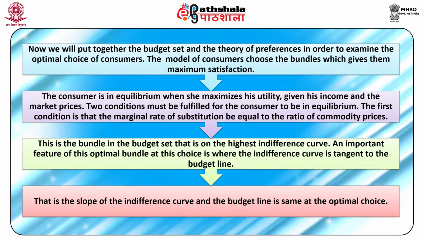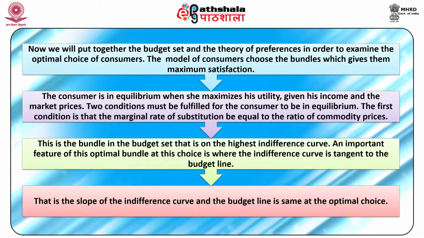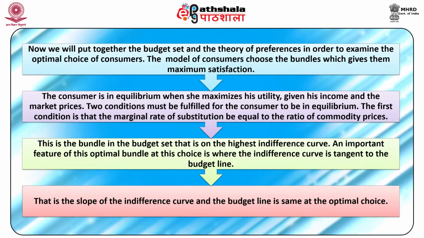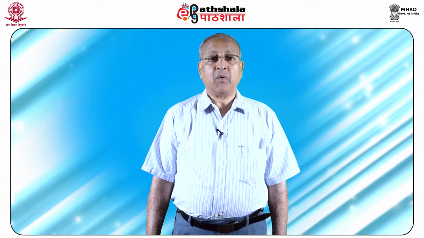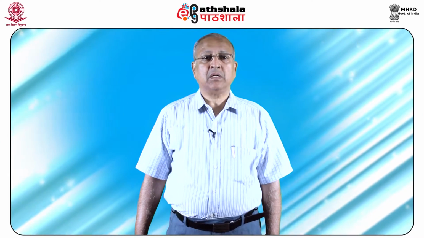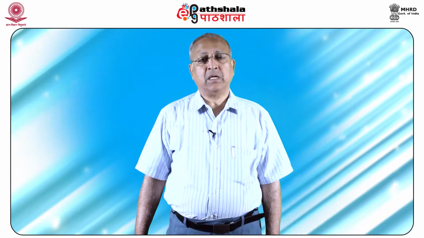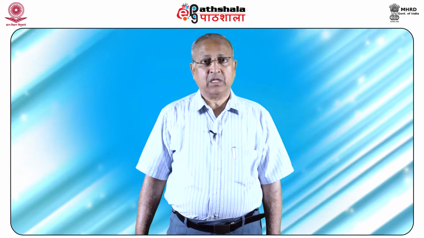Therefore, the slope of these two must be equal when the choice is optimal. We express this as MRSxy is equal to MUx upon MUy is equal to Px upon Py. This equilibrium condition is a necessary condition but not a sufficient condition.